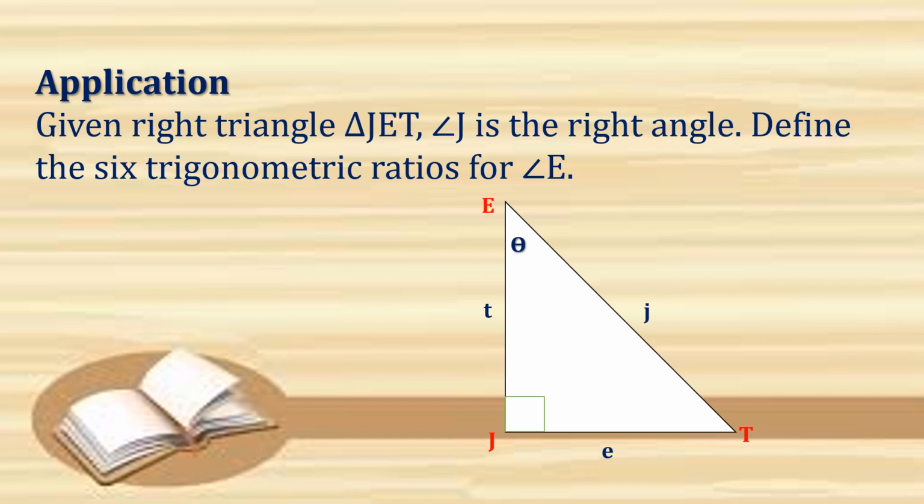Given right triangle JAP, angle J is the right angle. Define the six trigonometric ratios for angle E. You can use the examples earlier for you to answer this application. I'm going to give you 5 minutes to answer this.